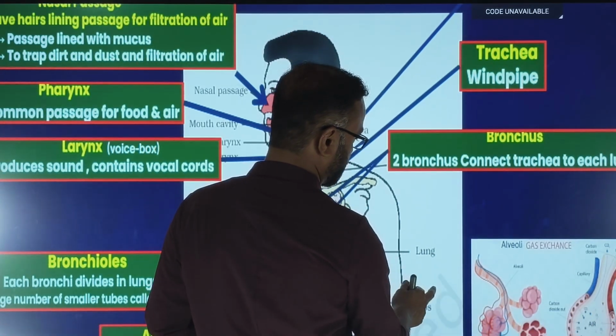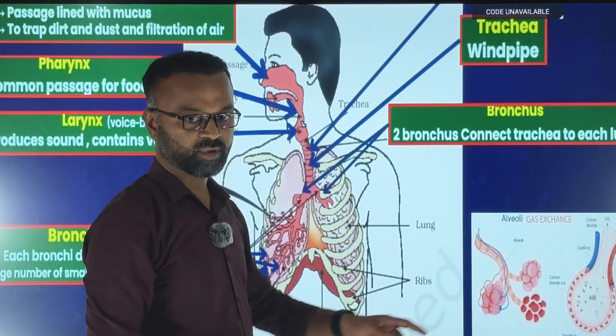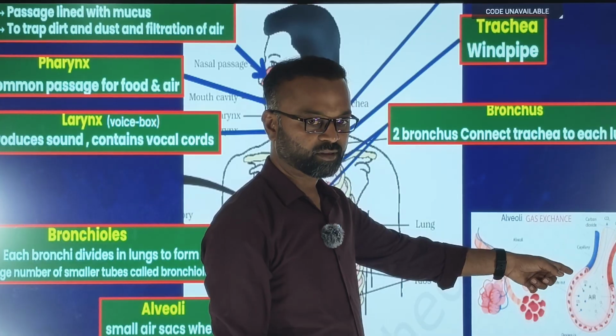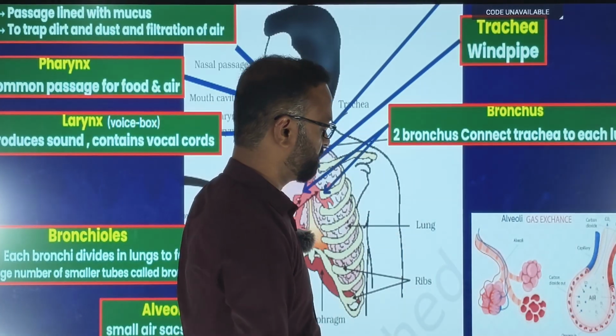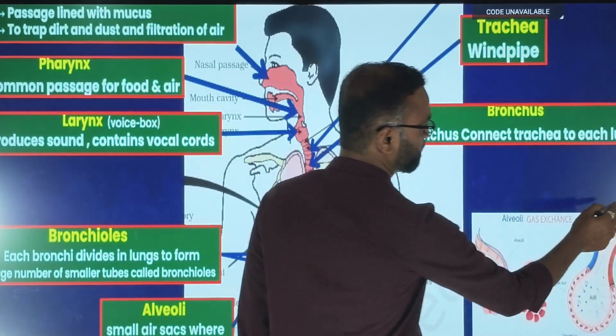Hope this is the image you can see here. Can you see the image? Alveoli image, is it clear? Clear, right? Fine. Now let me draw over here for a better understanding.